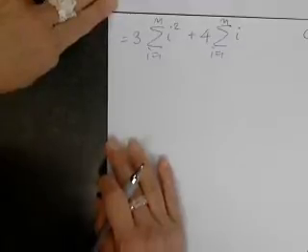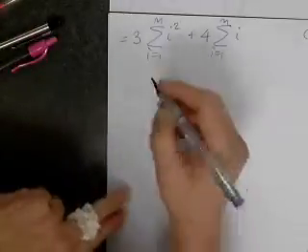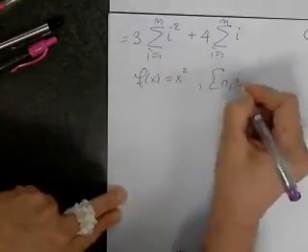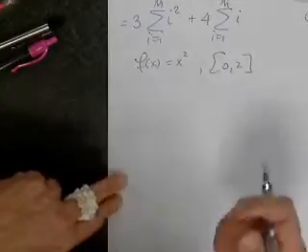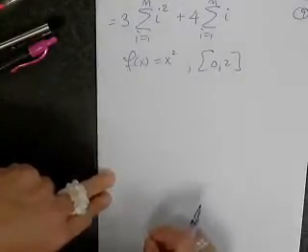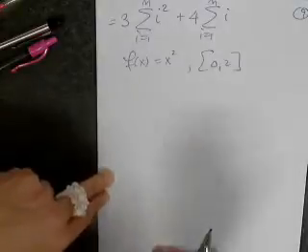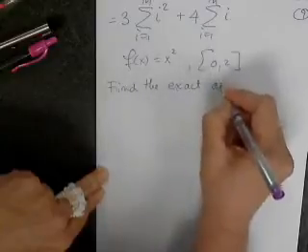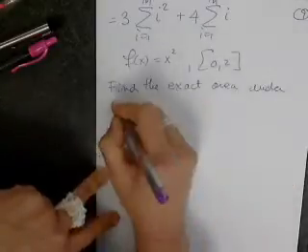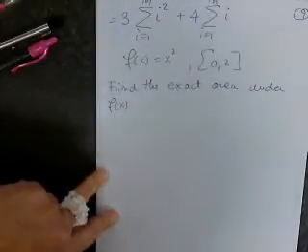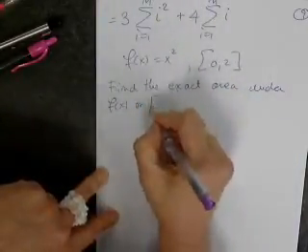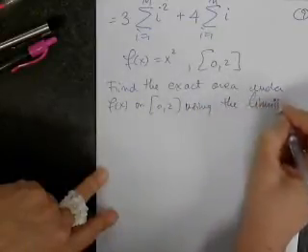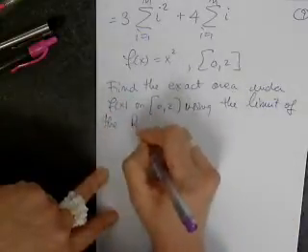So now I'm coming back to our function x squared on the interval 0 to 2. And now I'm not going to say approximate using 2, 4, 8 subintervals. I'm going to say find the exact area under f of x, between f of x and the x-axis on 0 to 2, using the limit of the Riemann sum.